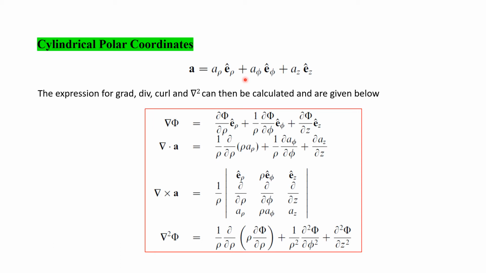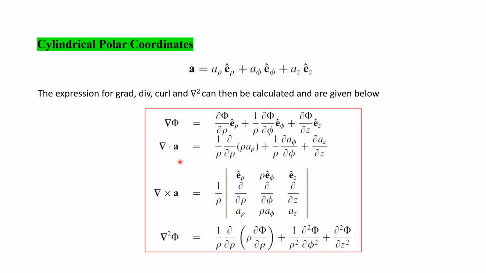So you have your gradient, your del of Phi, the gradient of your scalar field Phi, which is equal to partial Phi over partial rho e rho hat plus 1 over rho partial Phi over partial phi e phi hat plus partial Phi over partial z ez hat.